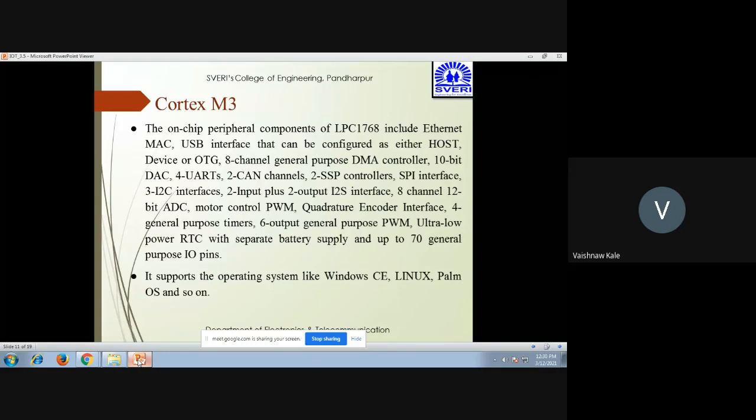So these are all the features from the block diagram of the Cortex M3. It supports operating systems like Windows, Linux, Palm OS, and so on.